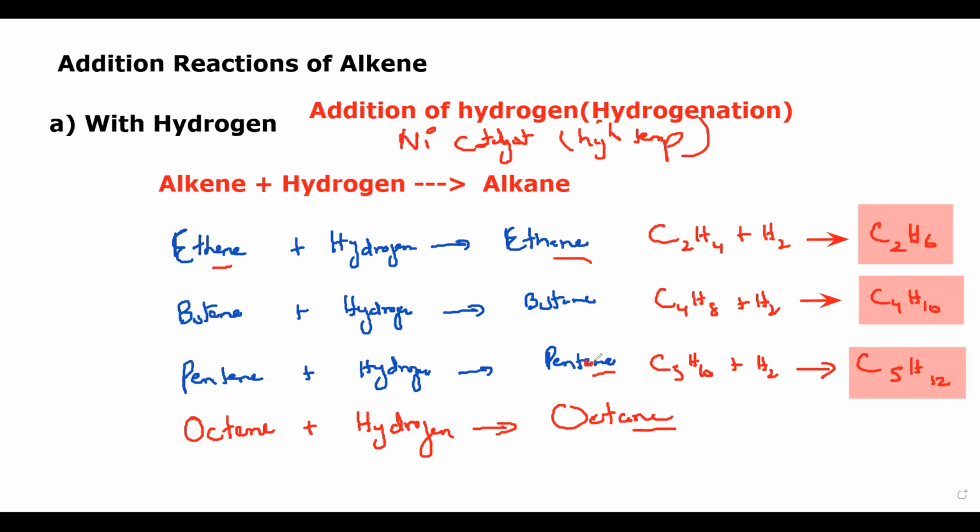So ENE becomes ANE when they react with hydrogen. And you should be able to complete a product as well. Octene means C8H16 plus hydrogen, which is H2. What will be the product?